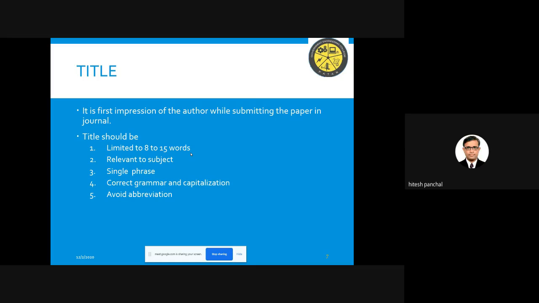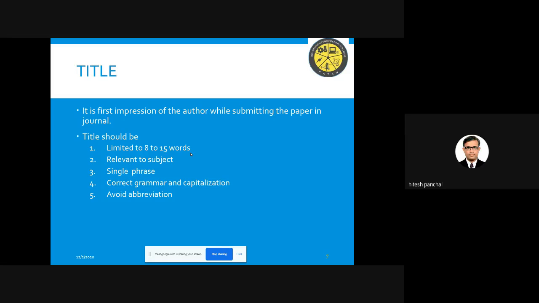Then the title should be relevant to the subject. Otherwise, what will happen? Your title is different, your content is different. So whenever the editor-in-chief will see your research paper, first of all, he will see the title, abstract, okay, and conclusion. If there is a match between these three, then definitely the person can easily understand your work.